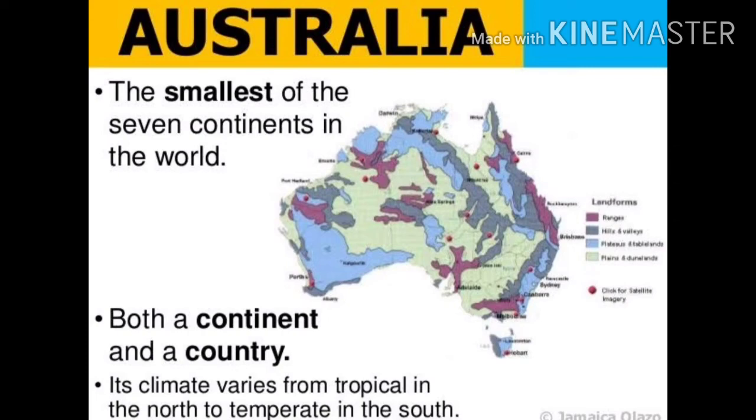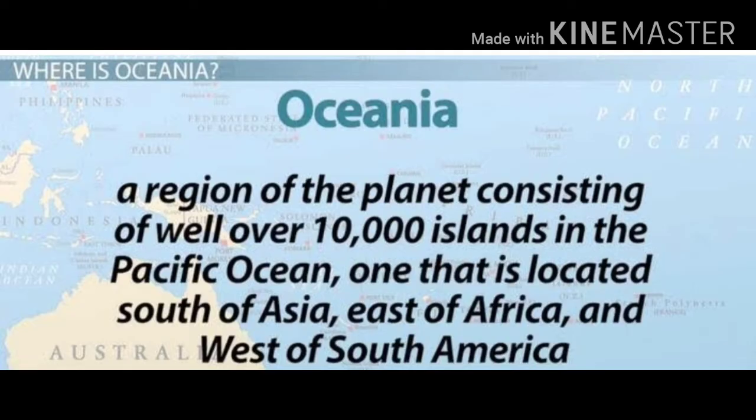Seventh one, Australia. Australia is the smallest continent. Along with the mainland, it also includes New Zealand and innumerable small islands. These islands are collectively known as Oceania. Oceania means an area that encompasses the islands of the Pacific Ocean and adjacent areas.